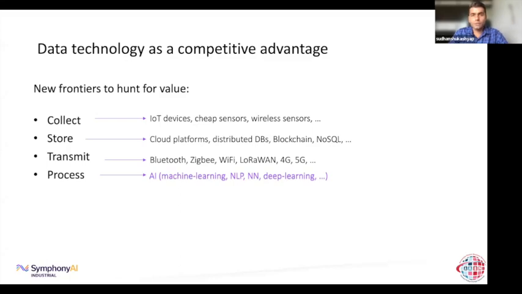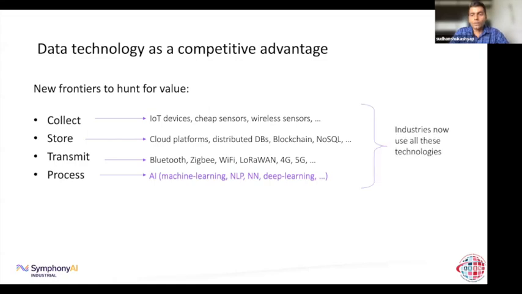We need to transfer data from one place to another, and that's where telecommunication technologies like Wi-Fi, Bluetooth, 4G, 5G come into the picture. And finally, we process that data to bring the insights and useful information out of it. That's where artificial intelligence comes in, with machine learning, natural language processing, neural networks, deep learning; all these kinds of technology fall in this category.